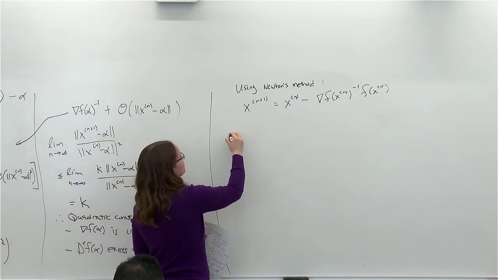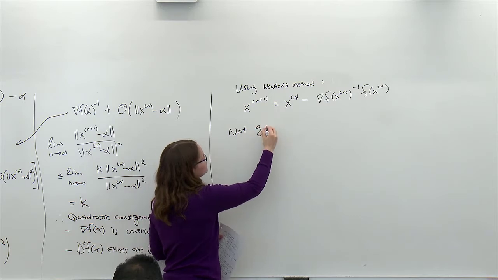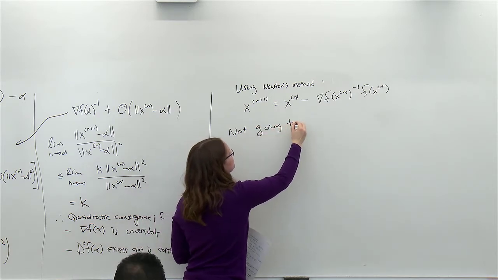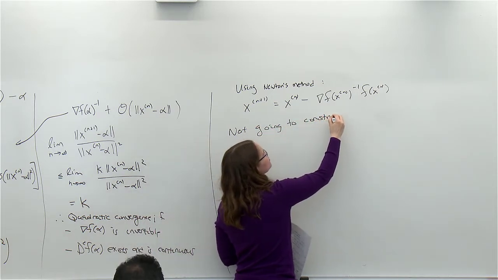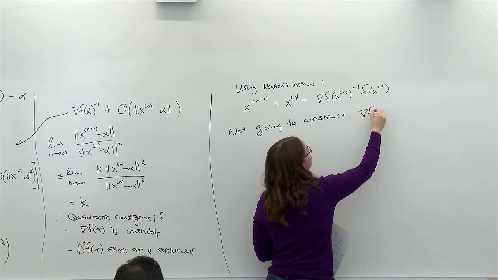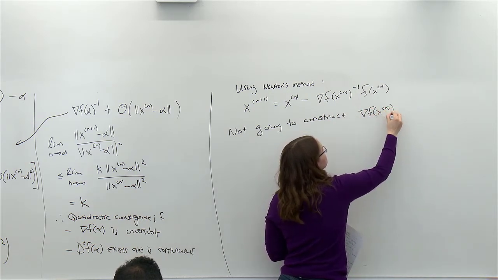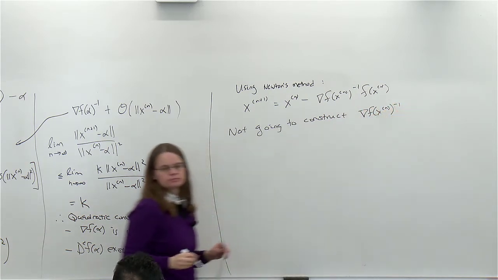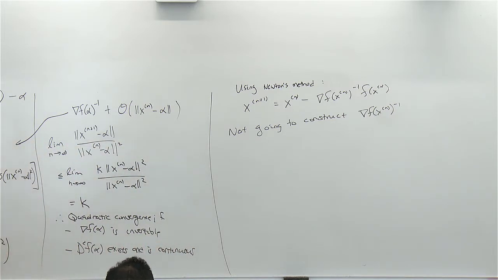So since we're not going to construct this inverse matrix, what are we going to do? We have to write this as an equivalent linear system.